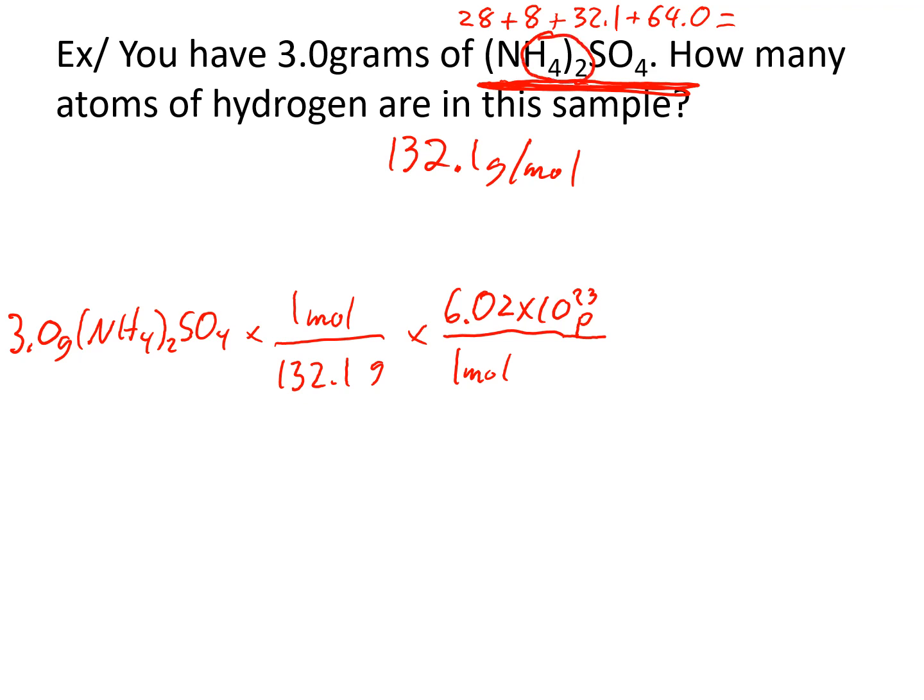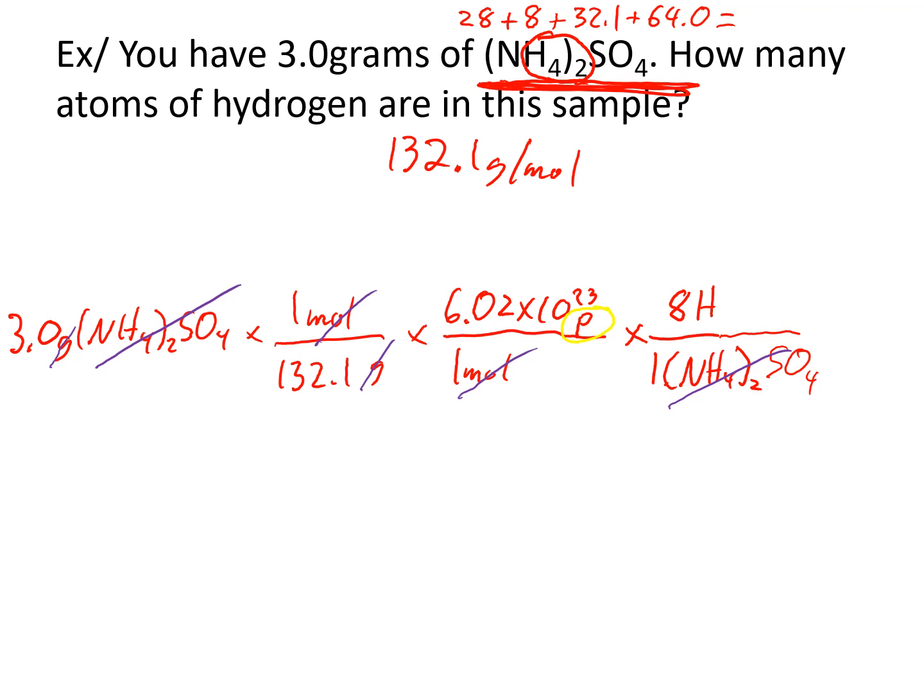Okay, so in other words, I have 8 hydrogens for every 1 ammonium sulfate, (NH4)2SO4. Okay, so just to make sure I did everything right, my grams are canceling with grams. My ammonium sulfate cancels with my ammonium sulfate. Moles cancels with moles. And so the only unit that I actually have left are particles of hydrogen.